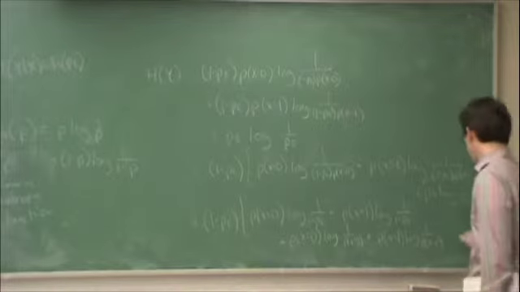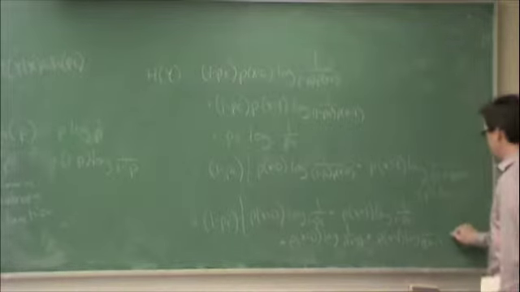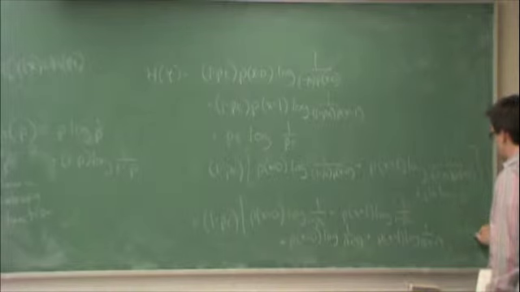It will get simpler. And then plus this trailing term, PE log 1 over PE.